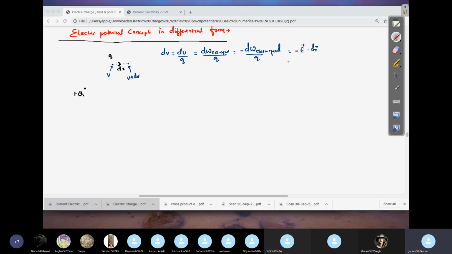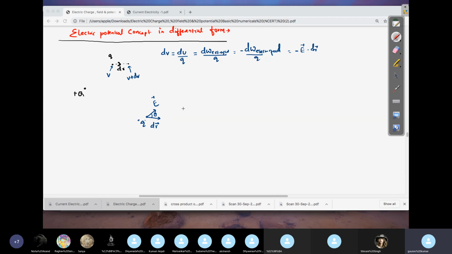Let's try to understand this here. See, this will create a field. Let's say at this point you have some field E vector, and the charge that you have placed at point P is q. Due to this, it will experience a force, qE vector. Let's say it moves by displacement dr vector. So what is the work done by the field?